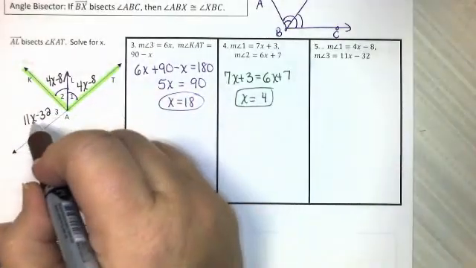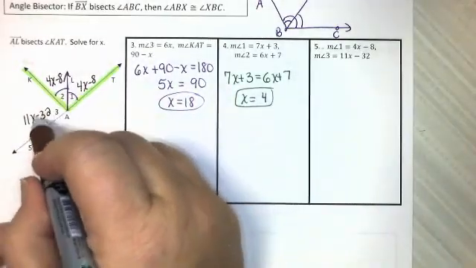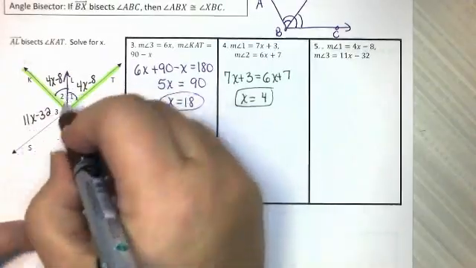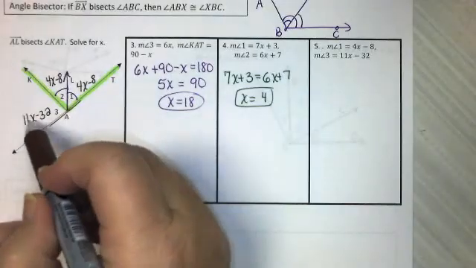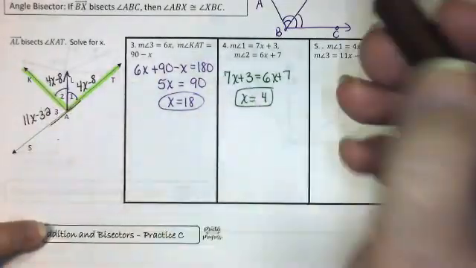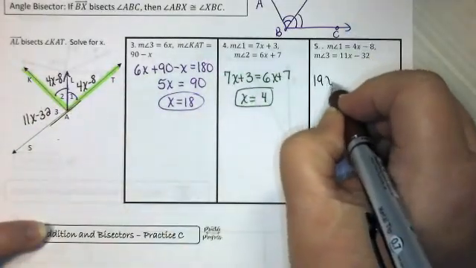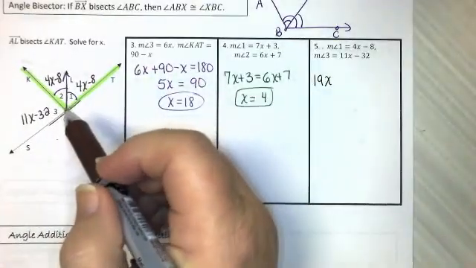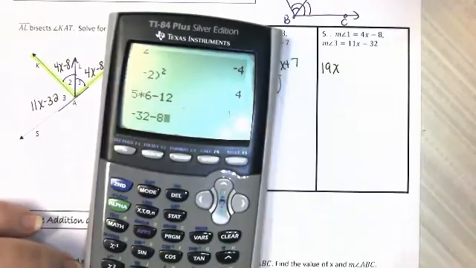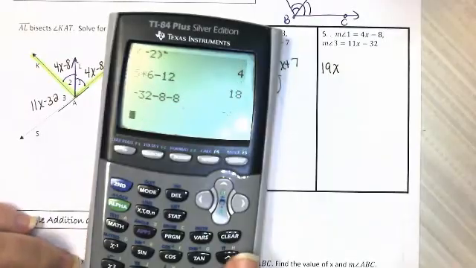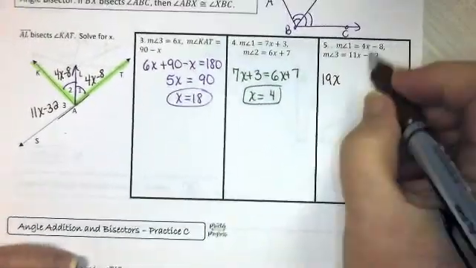And what I can do now is take all three of these angles together, add up to 180, because all three of them together make this straight line. So I'll do 11x plus 4x plus 4x. That's 19x. Negative 32 minus 8 minus 8, negative 48 equals 180.